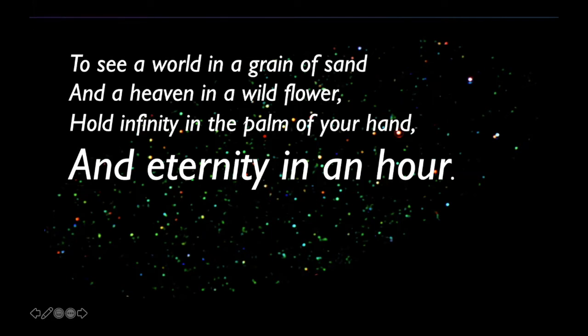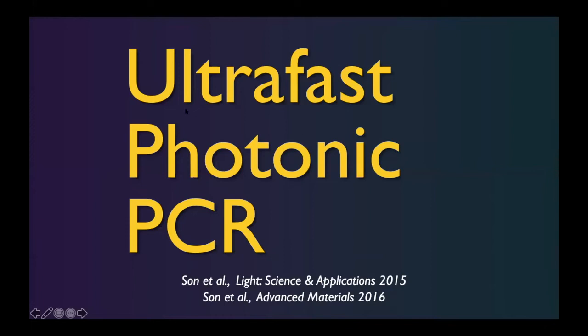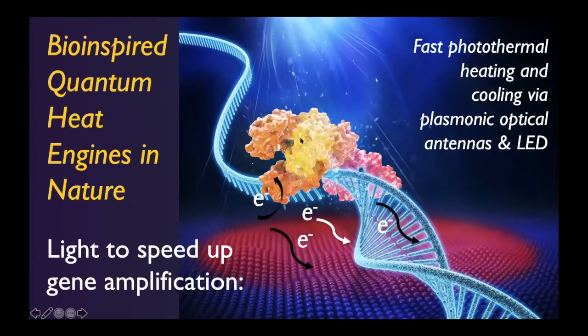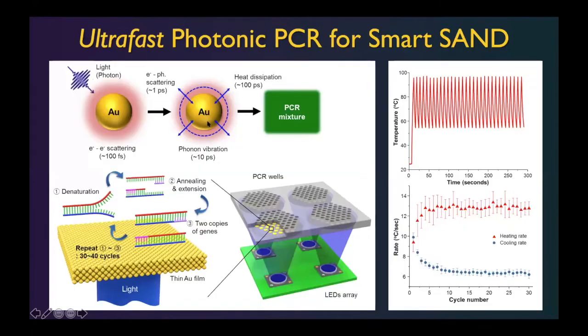So we are making ultra-fast photonic PCR that speeds up the so-called DNA amplification detection, using the quantum heat engine that you will study in the future. Instead of conventional PCR taking 1 hour, we can do PCR in less than 2 minutes.